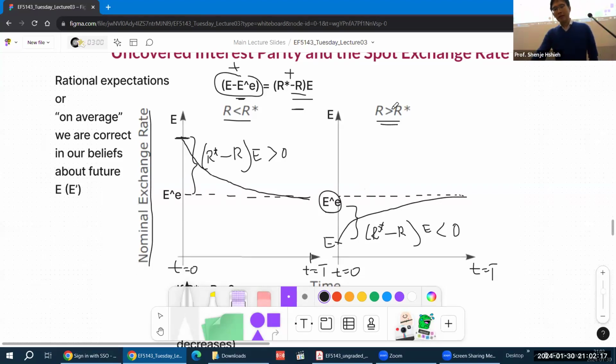And so if there is a way to exploit interest rate differentials between domestic and foreign in favor of domestic, then the opposite is going to happen compared to the left-hand side. The liability side is going to grow in value, or alternatively said, the returns you get on domestic bank deposits are going to be much weaker because the currency is going to depreciate, right? When E increases, that's depreciation.